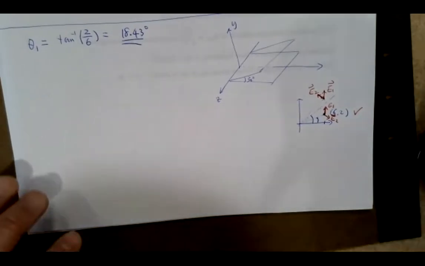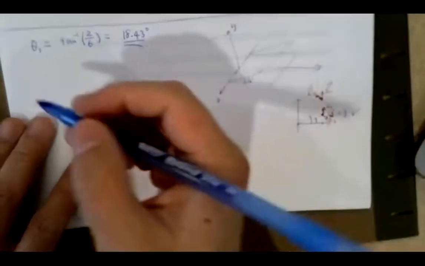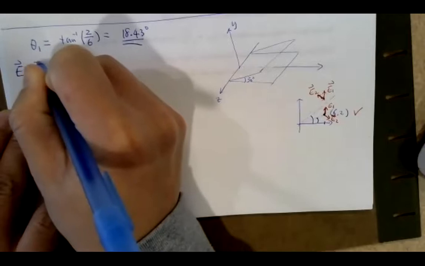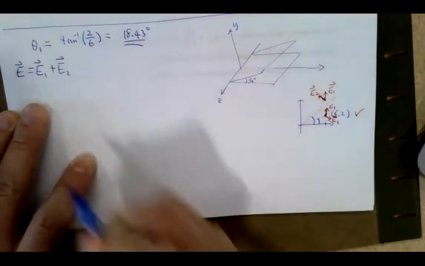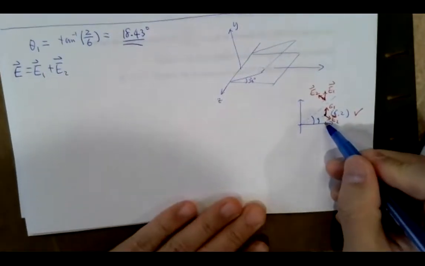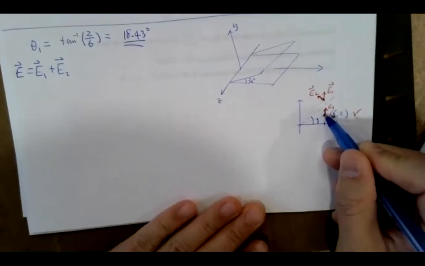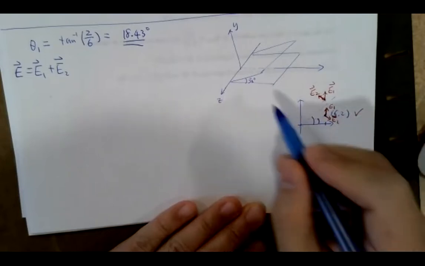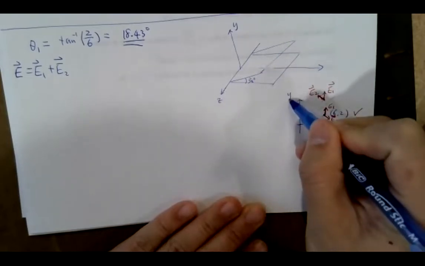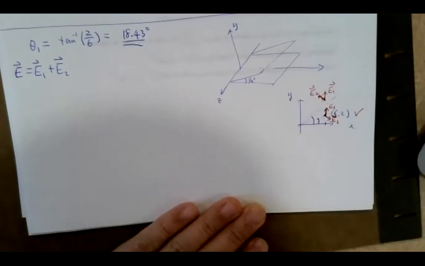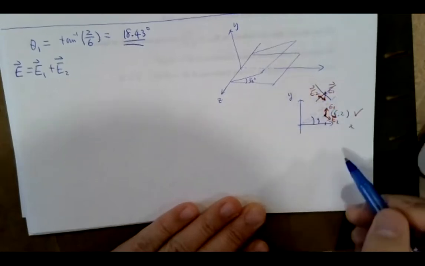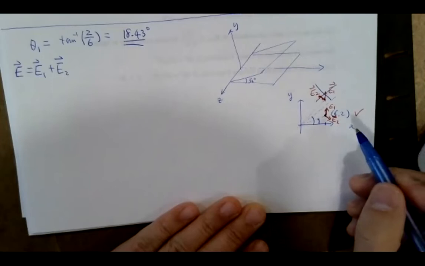Then your overall E field should be E1 plus E2, vector addition. Now you can see E1 is perpendicular to this sheet, so it only has a component in the Y direction. This is X, this is Y, and Z is perpendicular to the plane. We should ignore that other E2, because that's not the scenario we have.